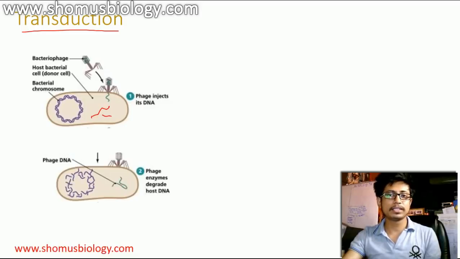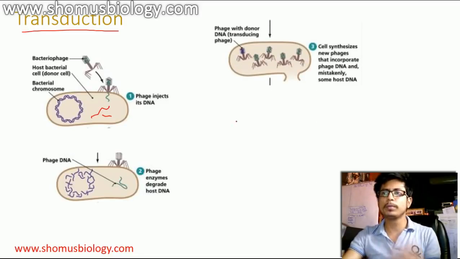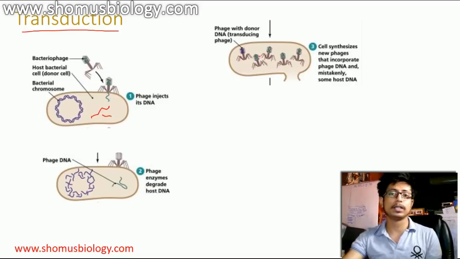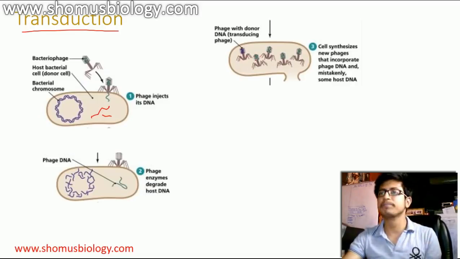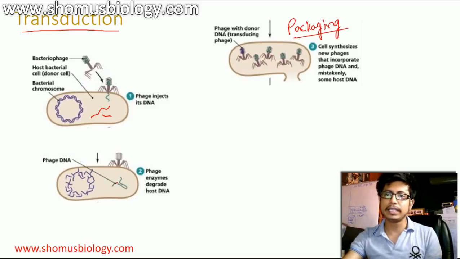After that, the phage DNA itself starts replicating, producing more phage genetic material. Once they produce so much phage genetic material, they process it and put it inside the capsid of the new progeny phage. This is known as packaging: packaging of phage DNA inside the phage head.